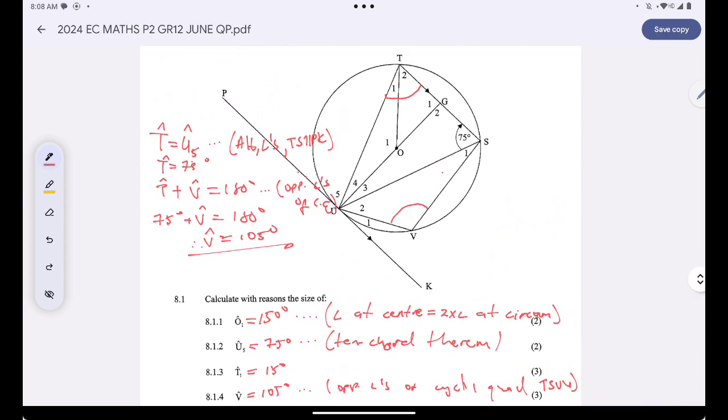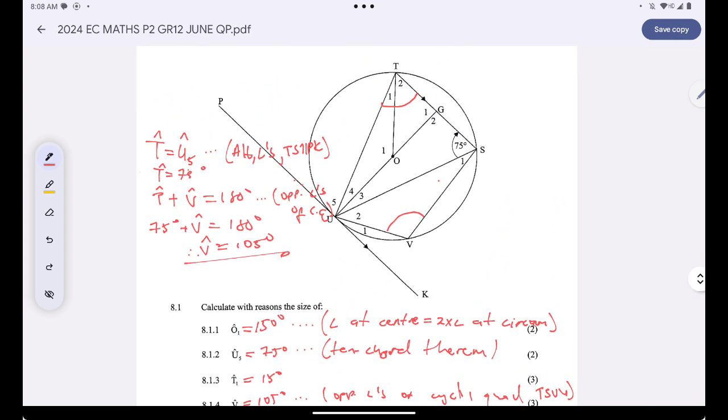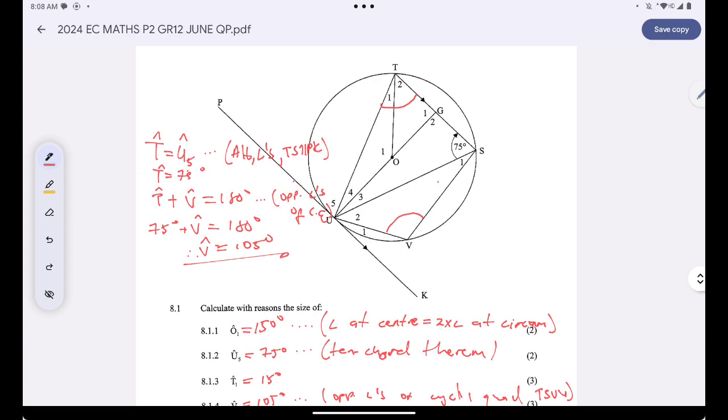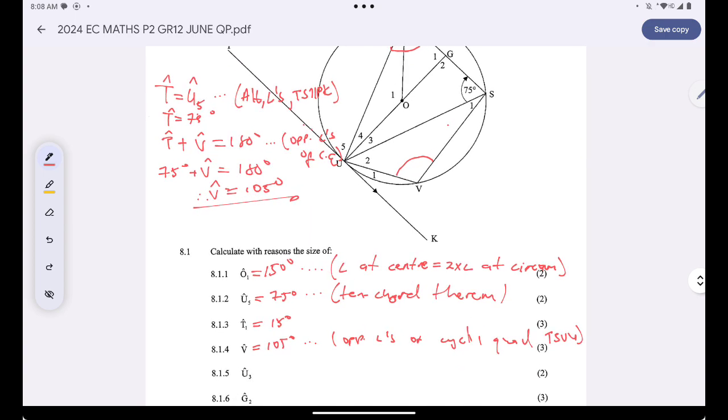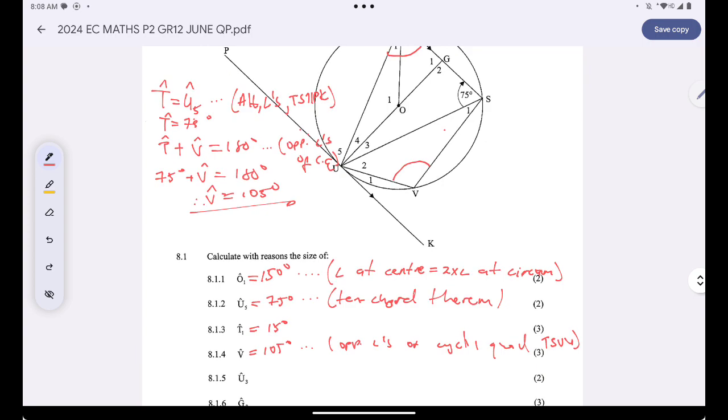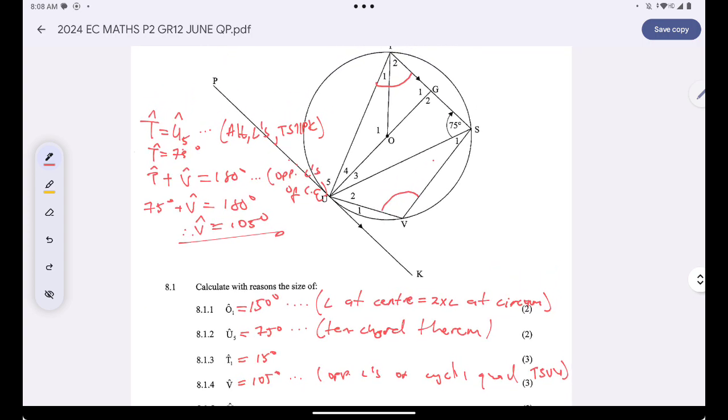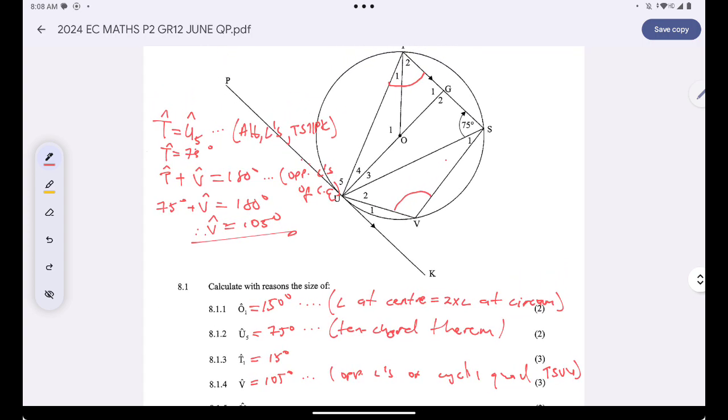Okay, now they want us to find the size of angle U3. How can you find U3? Okay, please erase here.